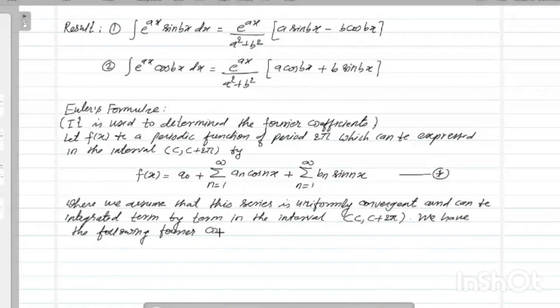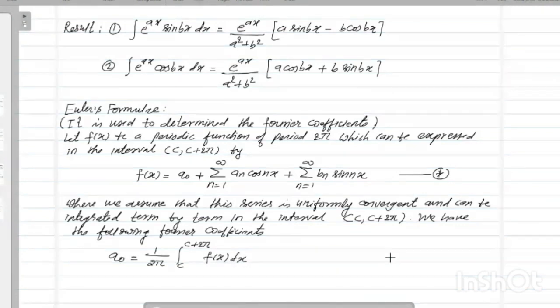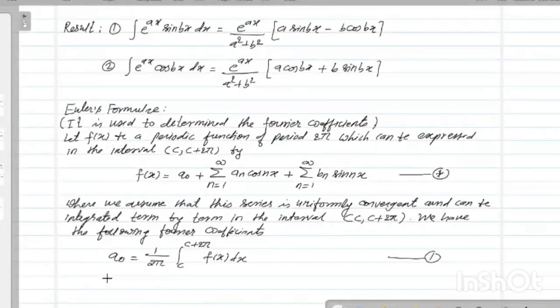Number 1, a naught equal to 1 upon 2 pi, integration of limit c to c plus 2 pi, f of x dx. Name this equation number 1.